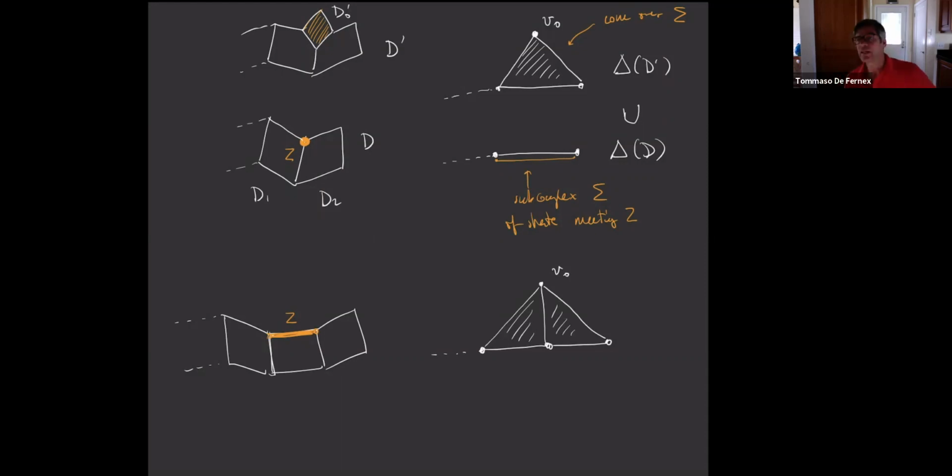So now here I need to make an analysis of what's going on. The point is that there is a combinatorial retraction or collapse of the delta D prime into delta D, but I need to tell you combinatorially where the faces go. So in this case, for instance, the generic point of Z only intersects this divisor, so there is a retraction like this, and then this retraction is not canonical.